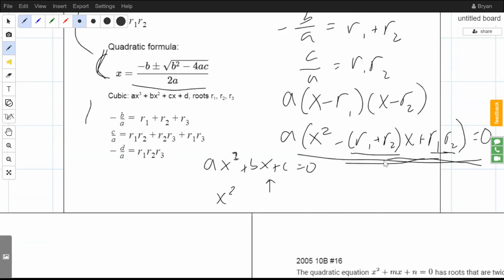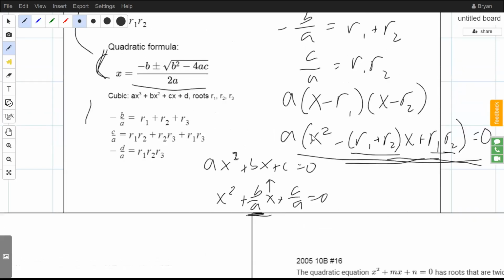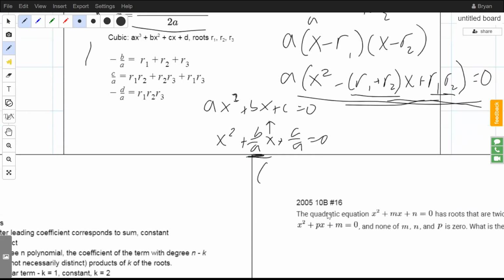So first you can divide by a, and then since you want to complete the square, you take this linear term and divide the coefficient by 2, since you know that the roots have to be equal if it's a perfect square. So you know it's going to be something like x plus b over 2a times x plus b over 2a.